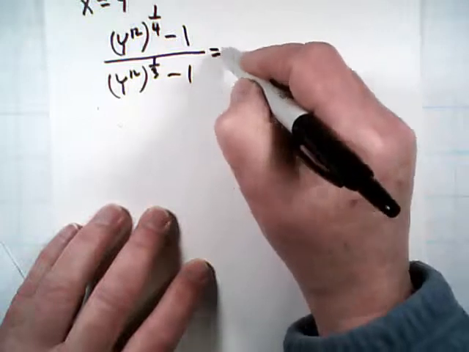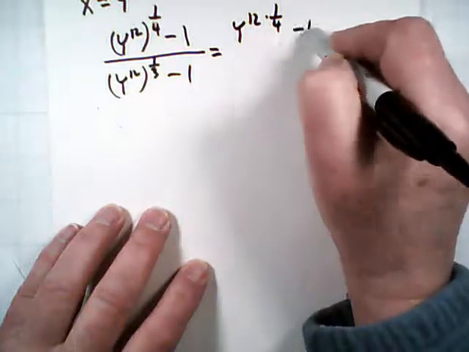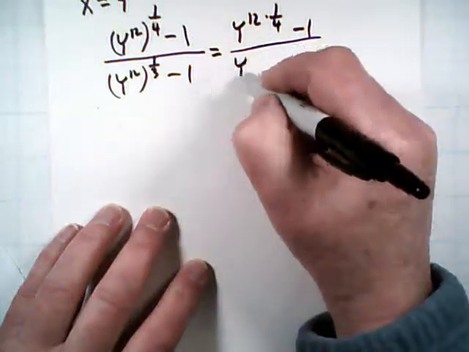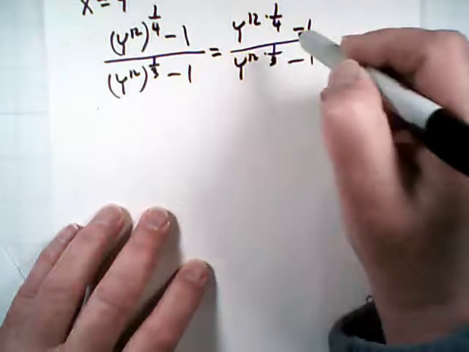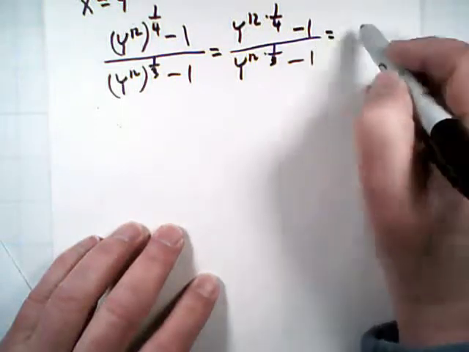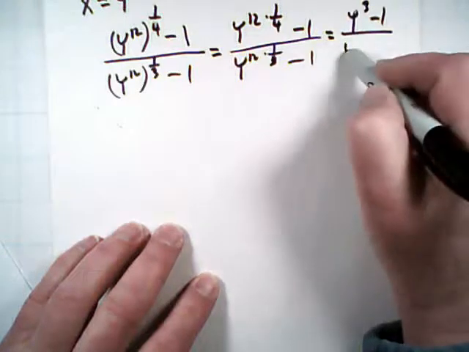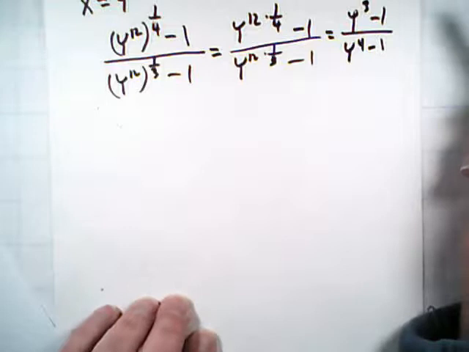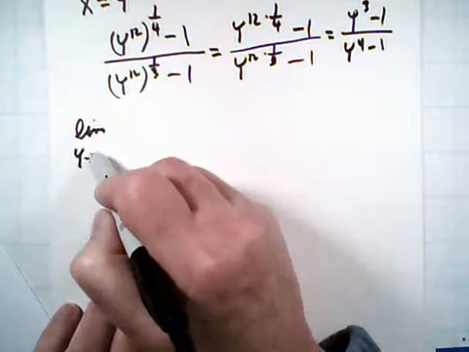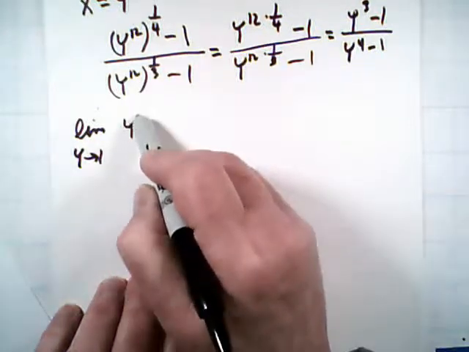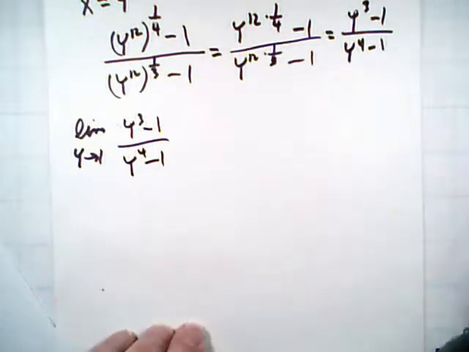You multiply. So this becomes y to the 12th times 1/4 minus 1 and y to the 12th times 1/3 minus 1. And that becomes y cubed minus 1 over y to the 4th minus 1. So our problem has been changed to this form: the limit as y goes to 1 of y cubed minus 1 divided by y to the 4th minus 1.